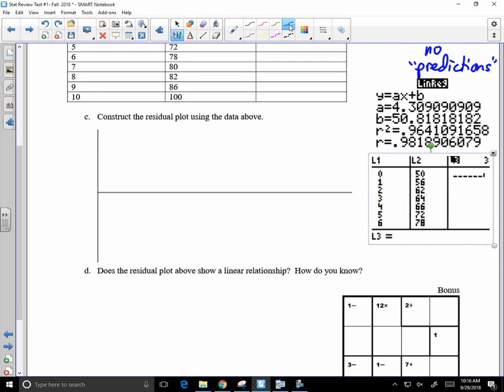Once you do that, you're going to hit second, stat, and you'll see the one that you want. It's resid. And then hit enter.